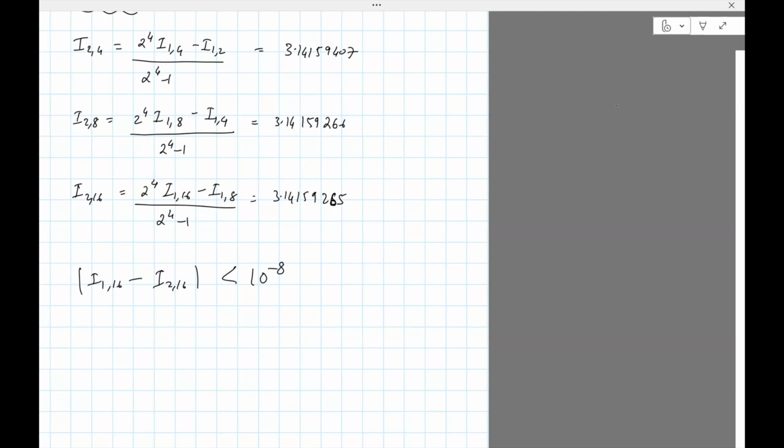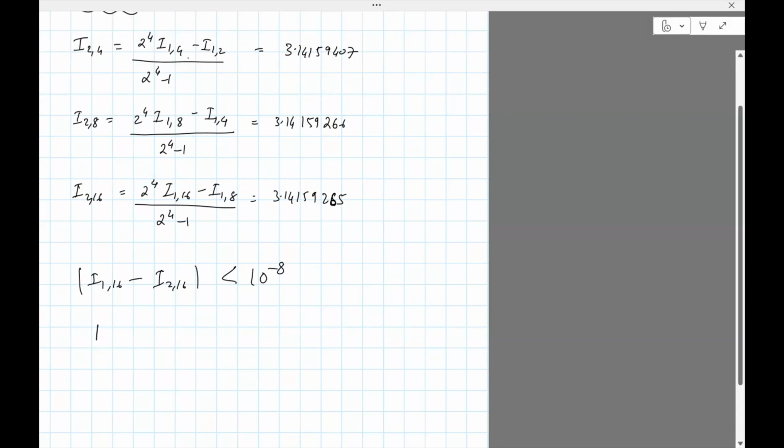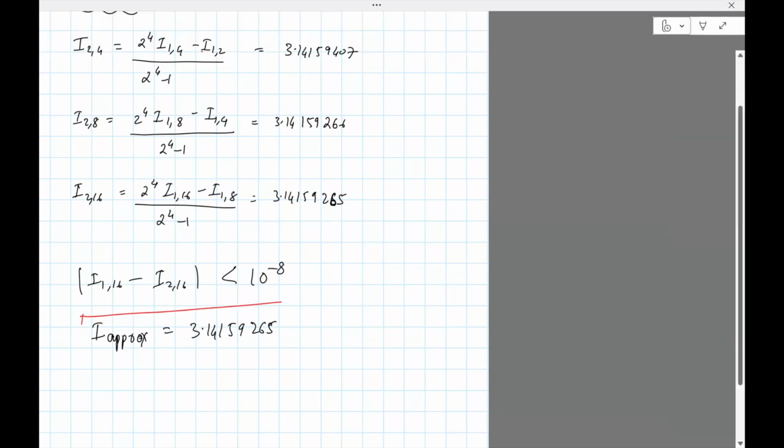So that is the solution. Our approximate solution is 3.14159265, which also happens to be the answer which we computed using the exact integral to 8 decimal places.